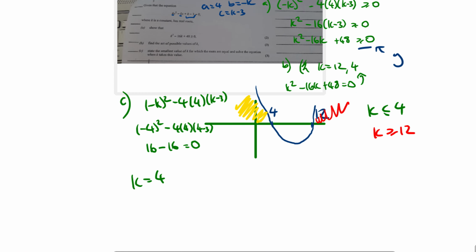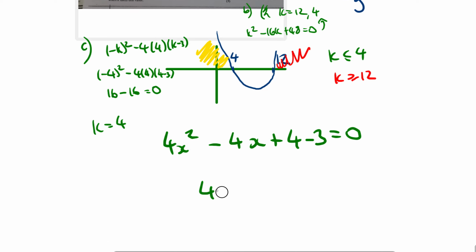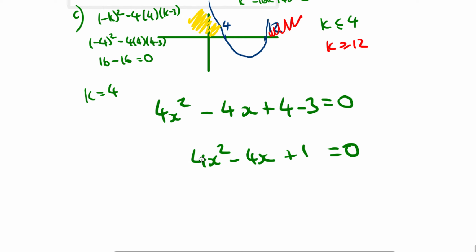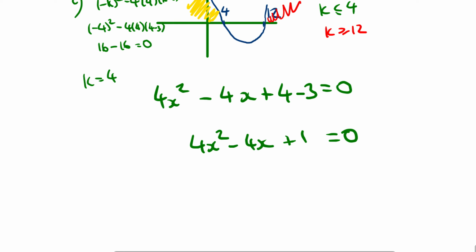So here we say k is 4, so that's going to be 4x squared minus 4x plus 4 minus 3 equals 0. So here it's going to be 4x squared minus 4x plus 1 is equal to 0. And then when we solve this equation, plug it into your calculator.